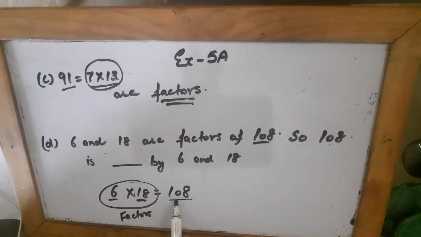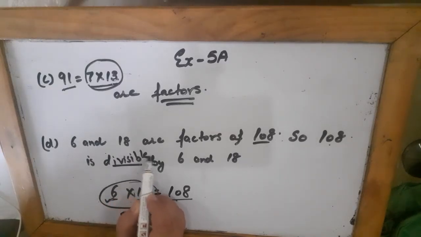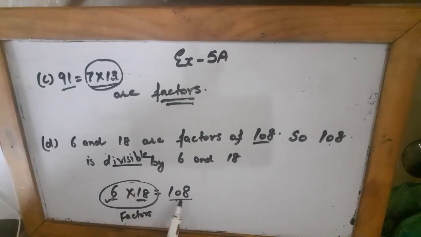If 6 and 18 are the factors of 108, it means that 108 will be divided by 6 also, and will be divisible by 18 also. So 6 and 18 are the factors of 108.